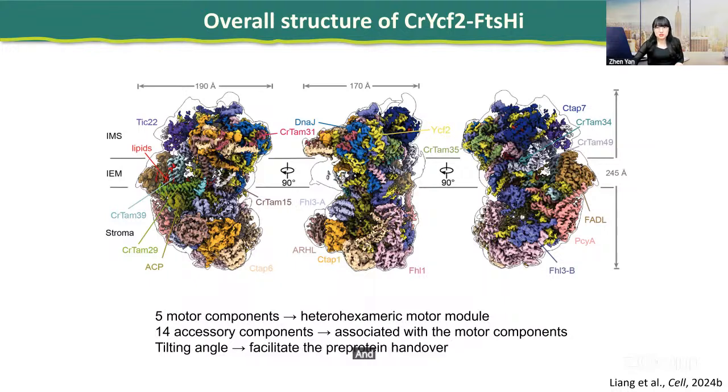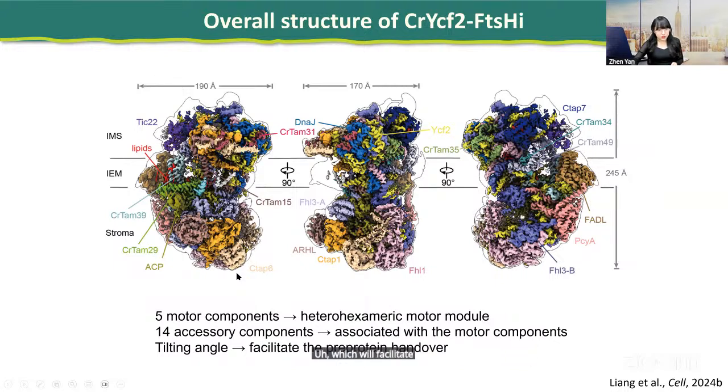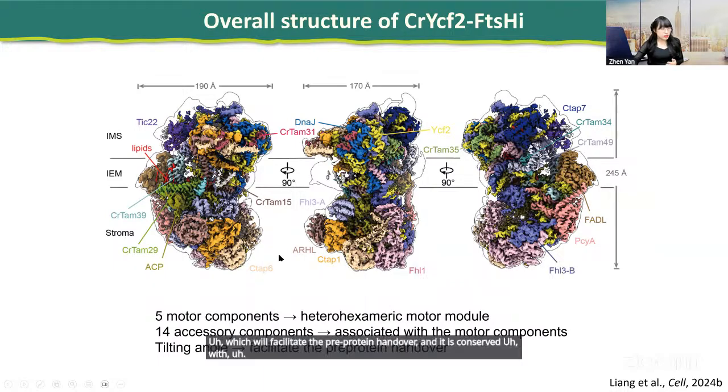Among the 19 components, 5 of them constitute the heterohexameric motor module, and there are 14 accessory components associated with this motor module. The motor module also shows a fixed tilting angle relative to the inner membrane, which will facilitate the preprotein handover, and it is conserved with the motor in the land plant.